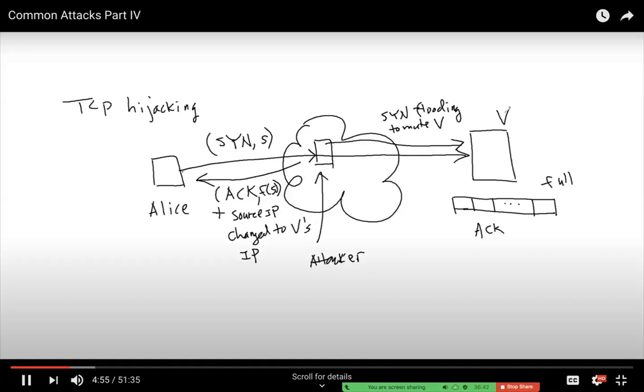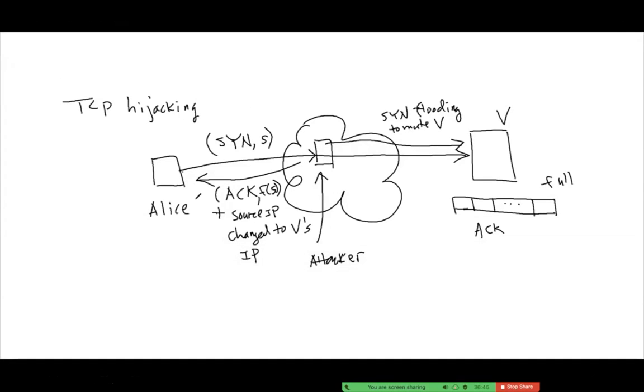It comes from V. Okay, so then Alice will complete a three-way handshake by sending acknowledgement back. During this time, V is still silent. It has been silenced.